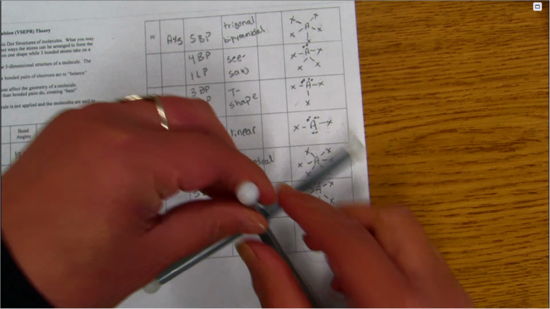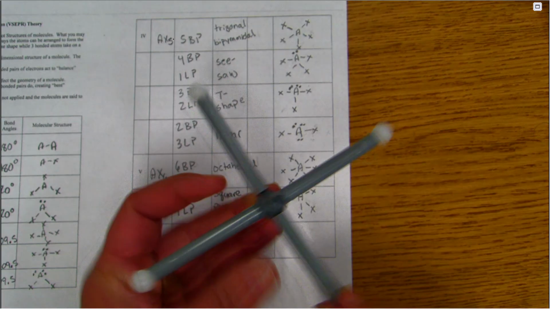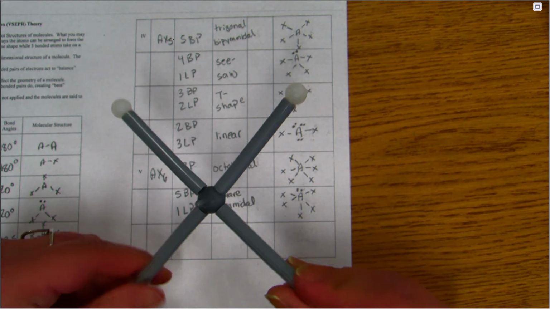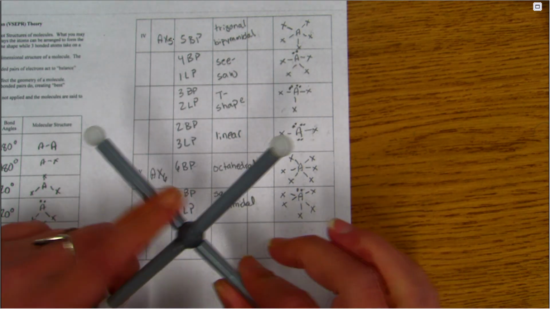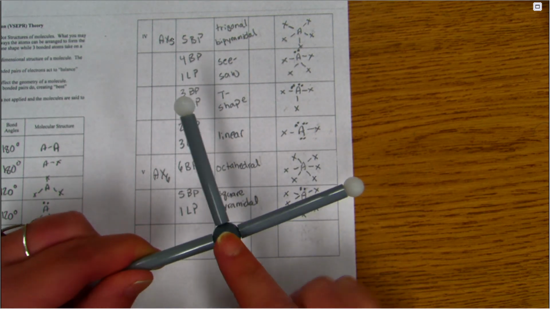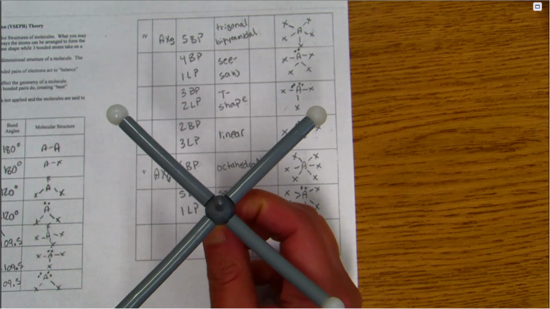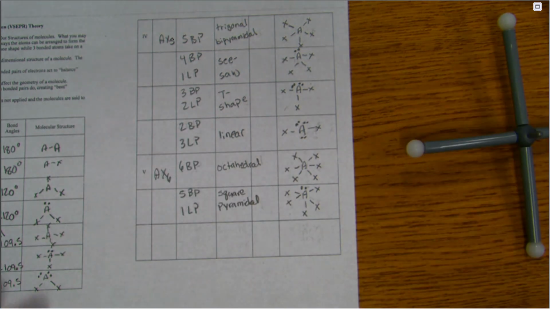Let me remove another bonding pair. At this point, I have 4 bonding pairs and I have 2 lone pairs, one on this side of the atom, and if I flip it over, you can see there's a lone pair on the other side of the atom as well.